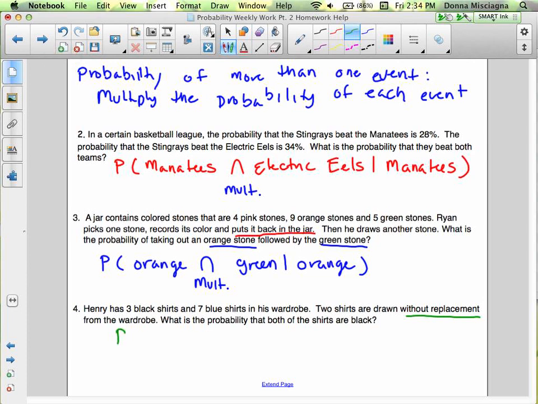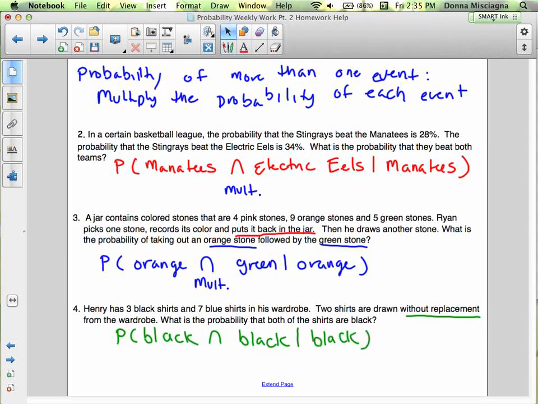So you're finding the probability of black. What happened to the word black? The probability of black and the probability of black given that he's already picked a black shirt.